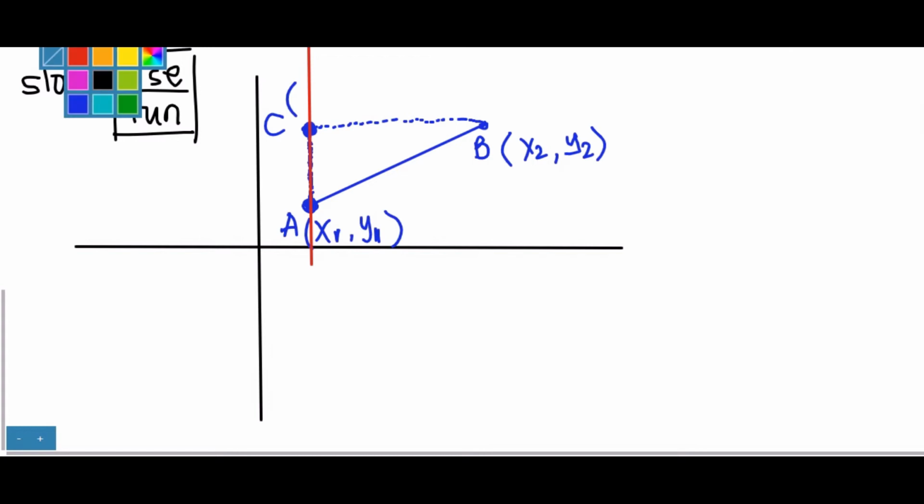Now that gives us the idea that point A and point C have the same x coordinate, because the changes only happen in the y coordinate. That is why the rise here is also denoted as change in y.